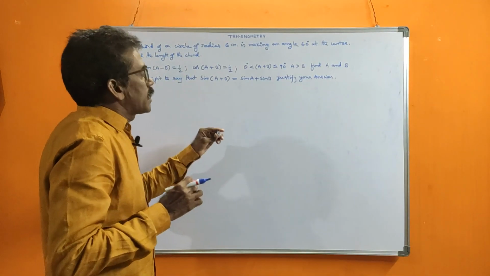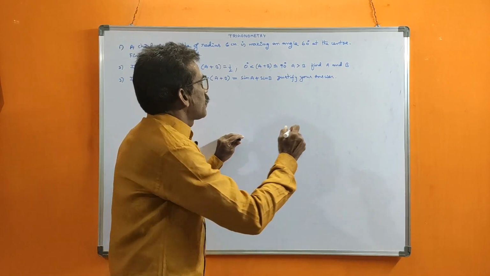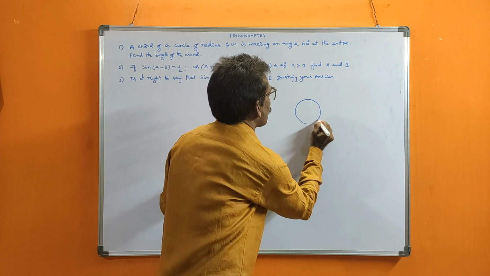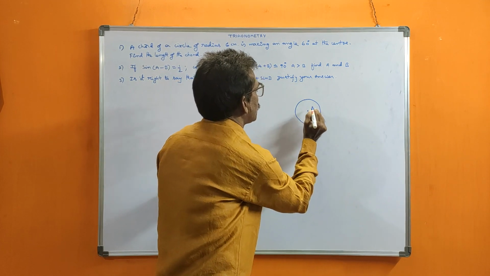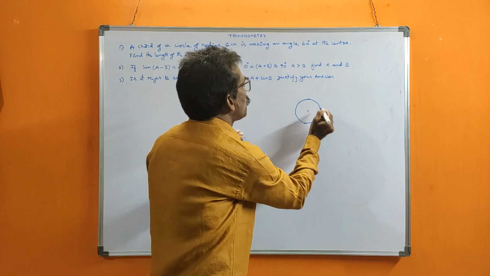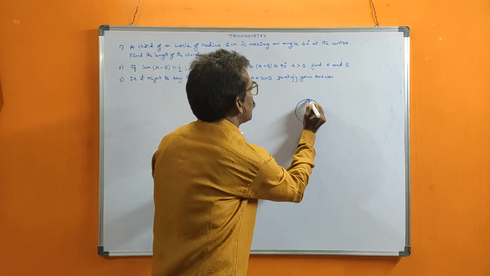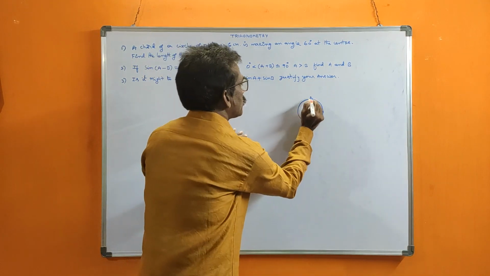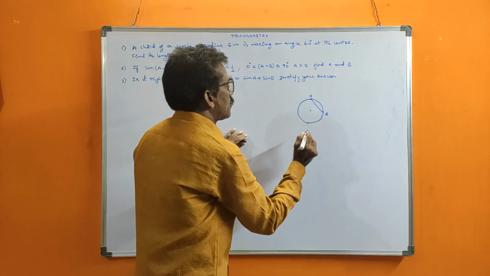Before explaining this problem, I want to explain what is meant by chord. Suppose this is the center of a circle, then take any 2 points on the circumference of the circle and join those 2 points. Then this is called a chord. This is chord AB.